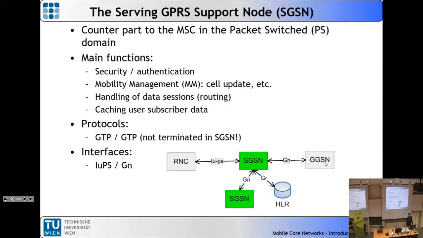The GGSN will basically encapsulate all your data traffic into a new format. We talked about these PDP contexts, and then transmit this information through the network, which will hopefully end up at your phone. But between here and here, the IP that you had requested from a server on the internet is not visible to the devices itself. So you need something in the middle that is capable of unpacking and repacking this information.